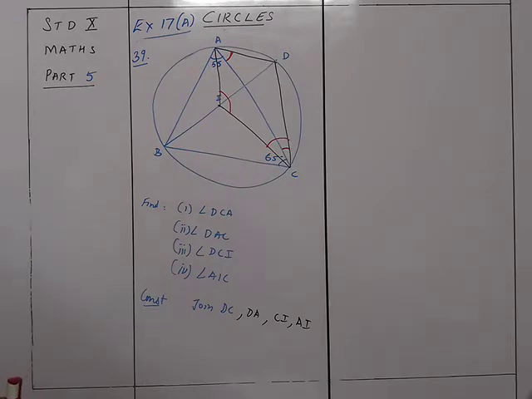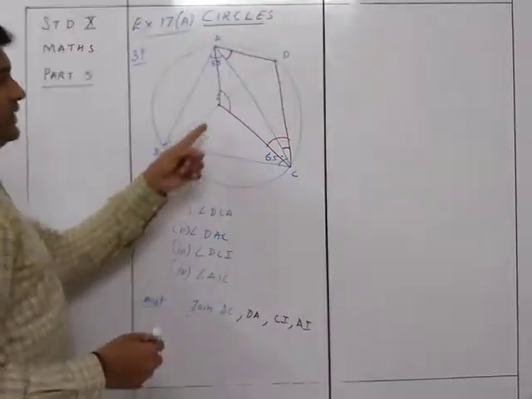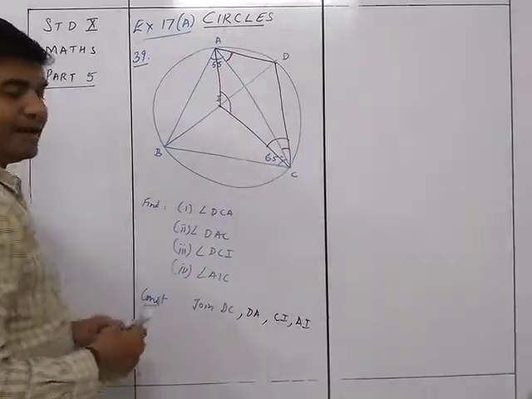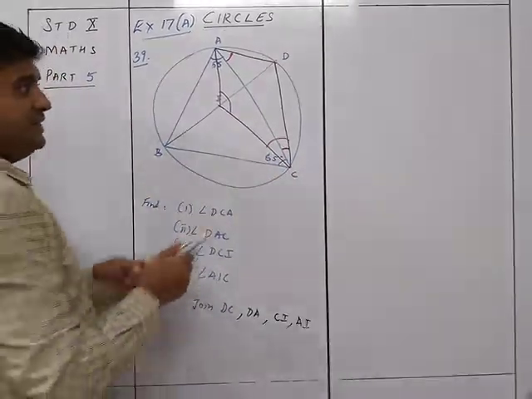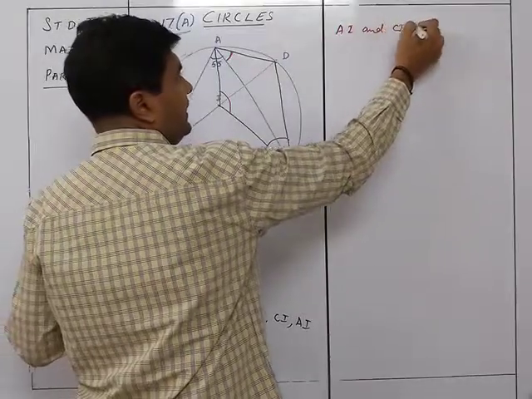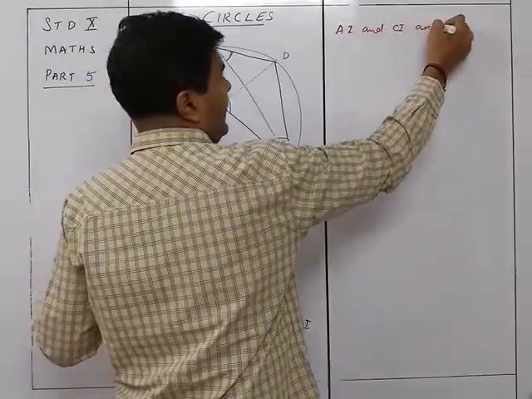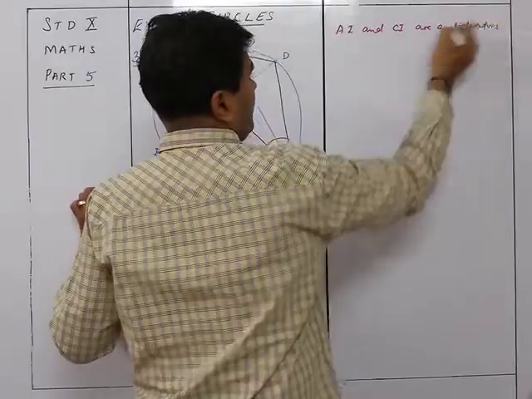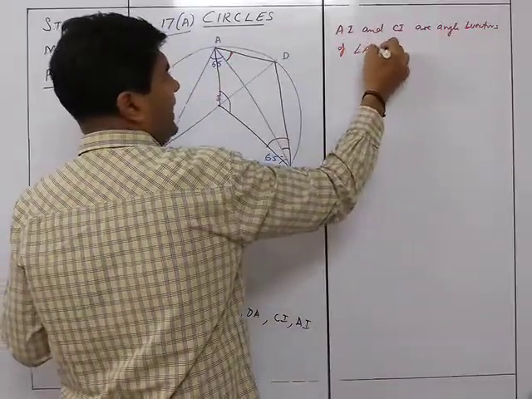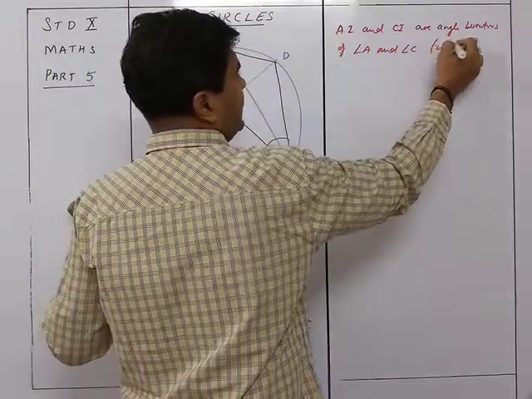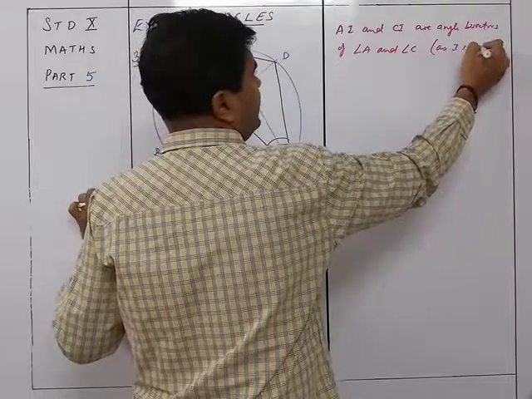So first and foremost, I know that I is the in center, so that means AI and CI are angle bisectors of angle A and angle C, as I is the in center.